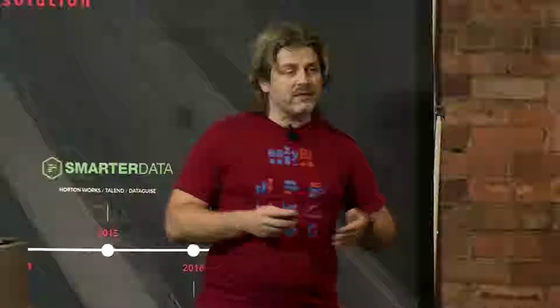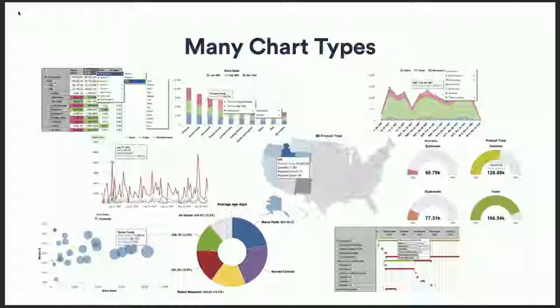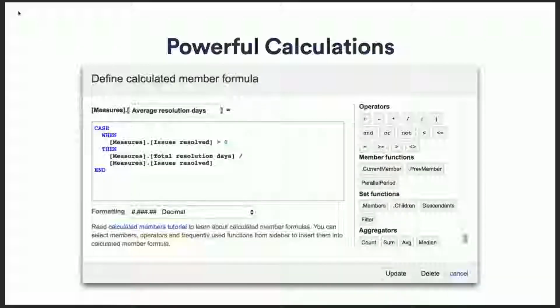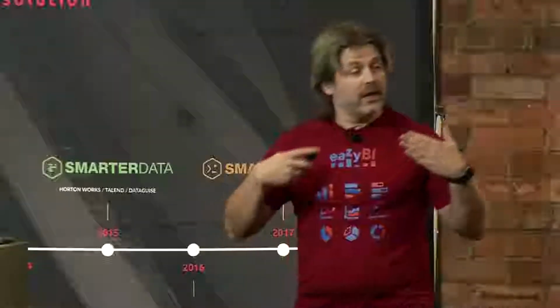And when you have selected the data you want to analyze, you can visualize it using different chart types, doing bar charts, line charts, pie charts, map charts, scatter charts, etc. A lot of different data visualizations to present the data better for your specific needs. And then also EasyBI includes a powerful calculations engine. We provide a lot of default calculation formulas, but then you can learn how to write these calculation formulas by yourselves and create specific calculations for your specific business KPIs.